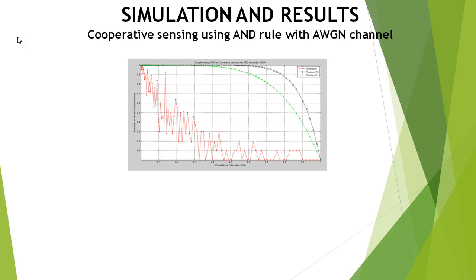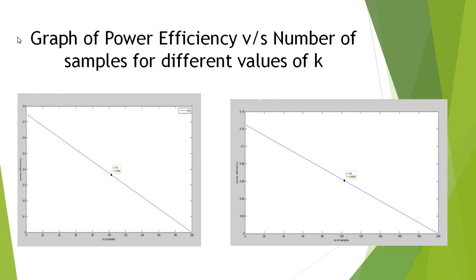This is our simulation and results. This graph shows the cooperative sensing using the AND rule discussed previously for additive white Gaussian noise. This shows the graph of power efficiency versus the number of samples for different values of K. We can see that as the number of samples increases, the power efficiency of the system also increases.